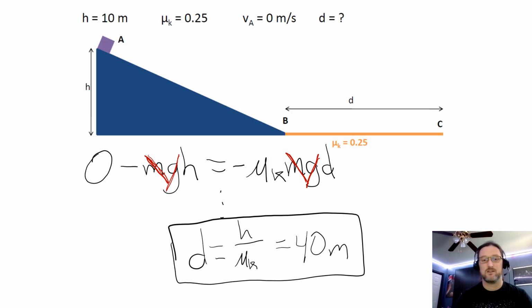That's it. Go through that list every time to write down what's the energy in the beginning state, what's the energy in the final state, right? And you do final energy minus initial energy equals work from non-conservative forces. We know how to calculate work from non-conservative forces. Mostly for us, that's going to be friction. There might be a problem or two with air resistance involved, but we also know how to do that.